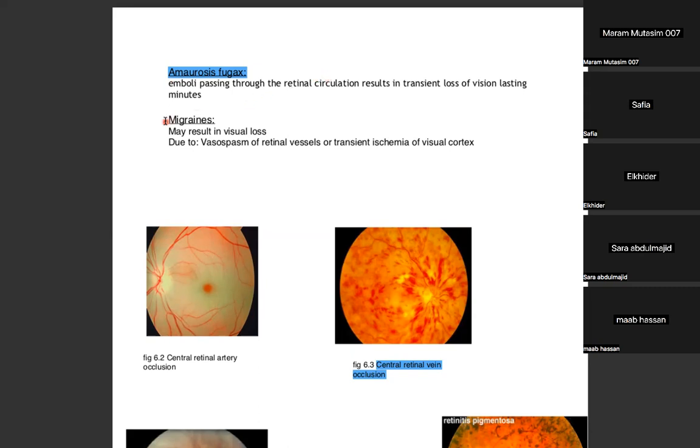Sometimes in some people, migraines can cause loss of vision due to vasospasm and it goes away afterwards. It's also transient. So if someone comes with loss of vision that then resolves, we have two options. Either amaurosis fugax, which means emboli entered the vessel and then opened up, or it's a migraine that caused vasospasm of the vessel and then it opened up.